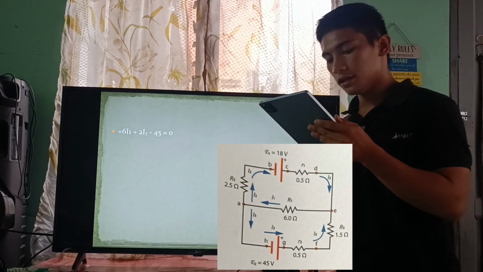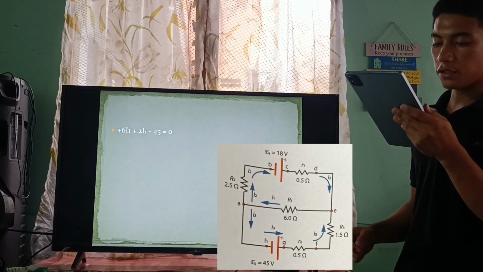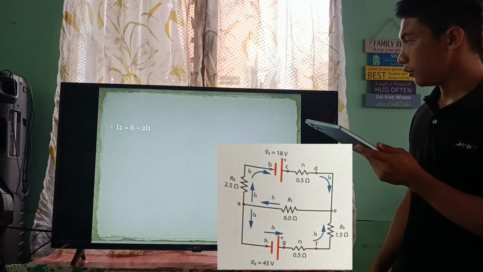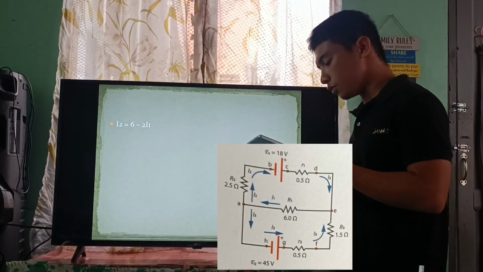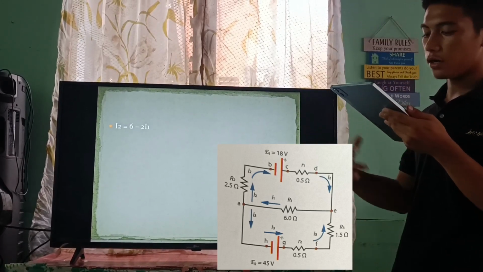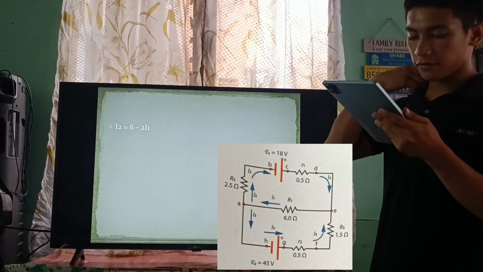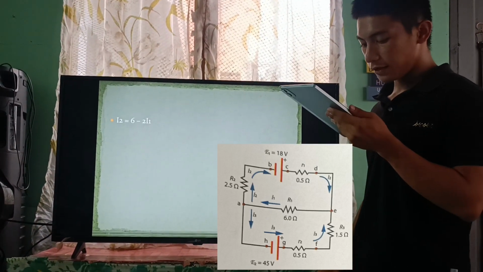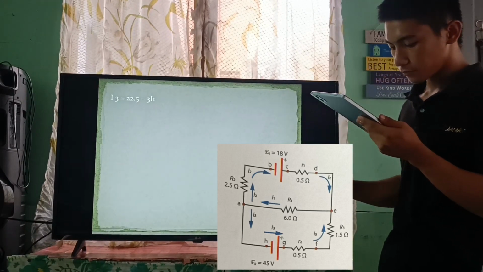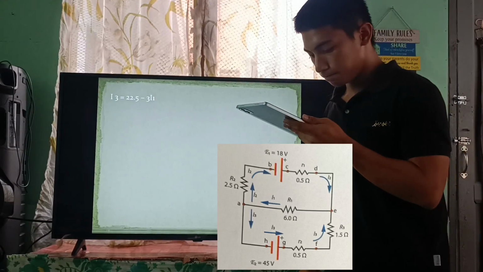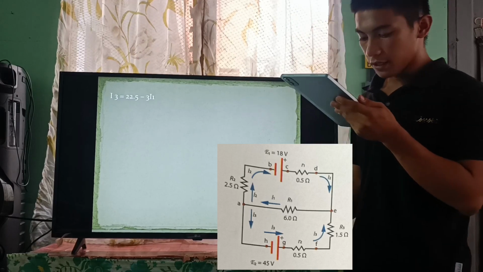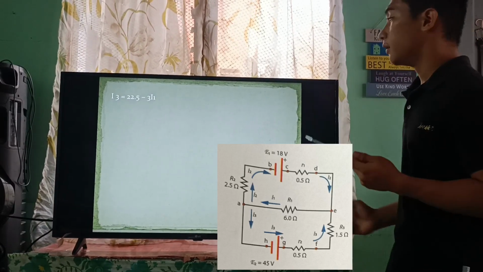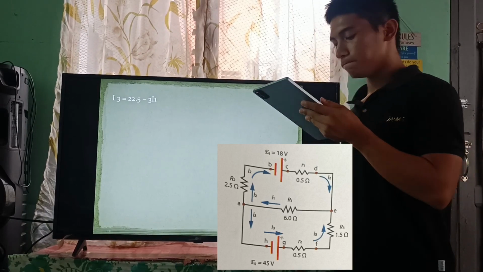And now we are going to solve the second equation for I2, so it will be I2 equals 6 minus 2 I1. And then we solve the third equation for I3, so it will be I3 equals 22.5 minus 3 I1.